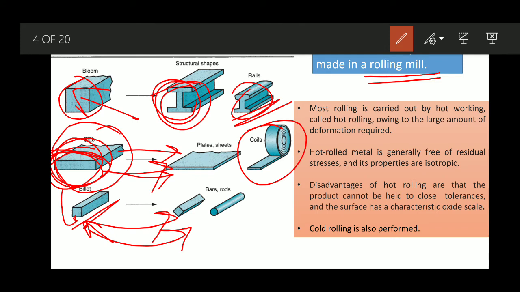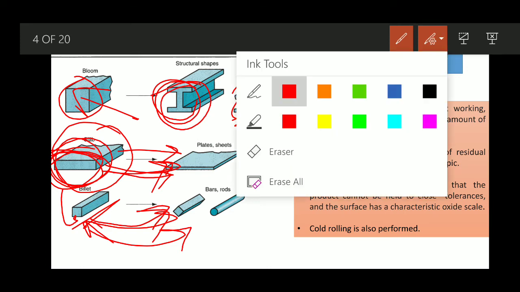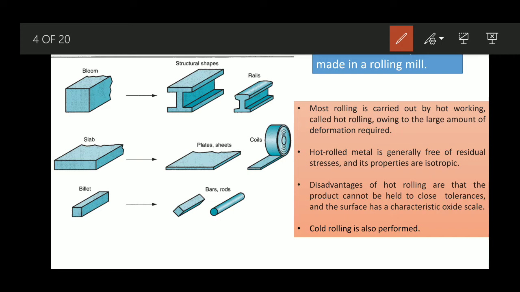And by the rolling action, making plates or sheets from the slab will be somewhat easier. Similarly, from this intermediate step to get a bar shape or rod-like shape, it will be somewhat easier. So corresponding to the final required product, we always consider the particular form on which we have to work.